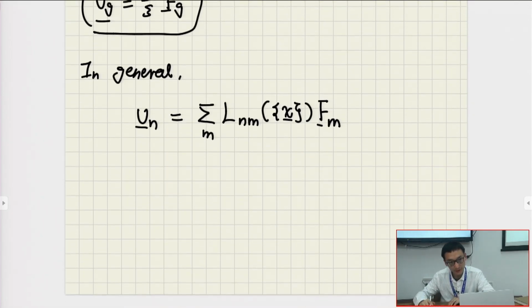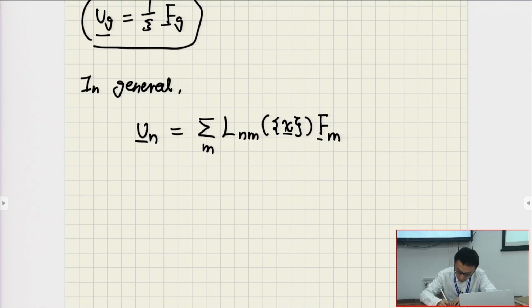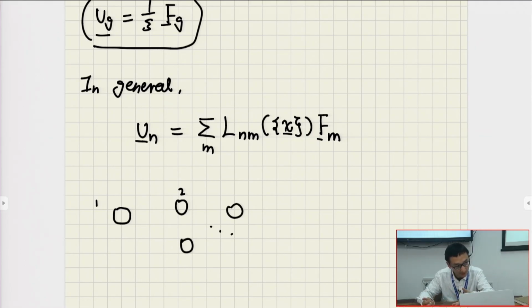An example is a multi-particle system. So I have particle 1, particle 2, all the way to particle n, and these x's can be their positions: x1, x2, x3, and so on.